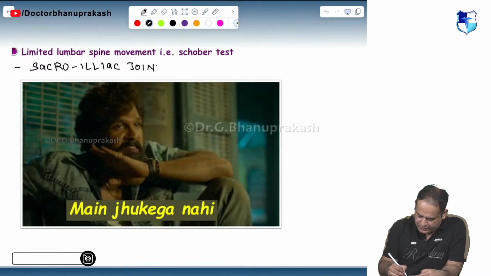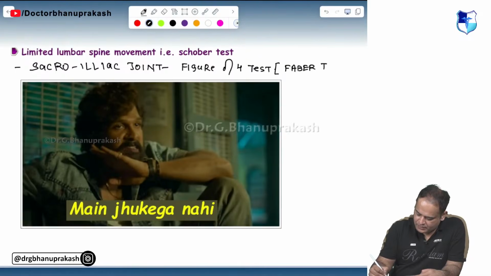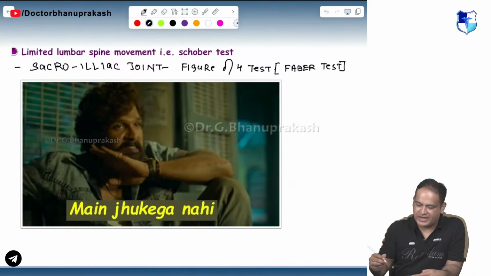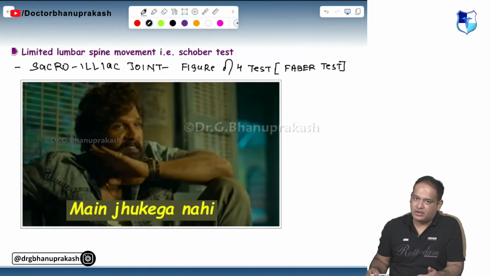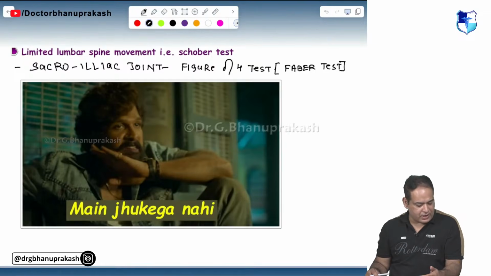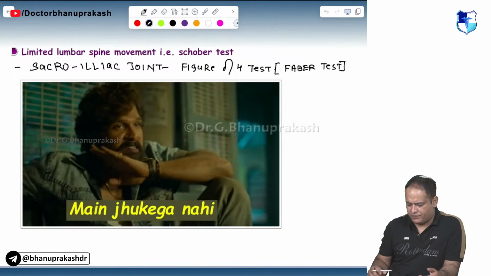Test for sacroiliac joint: Figure of 4 test, which is also known as Faber test. Figure of 4 test for sacroiliac joint. Modified Schober also.